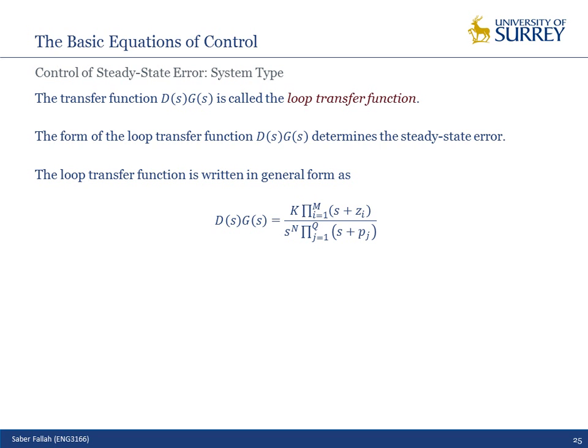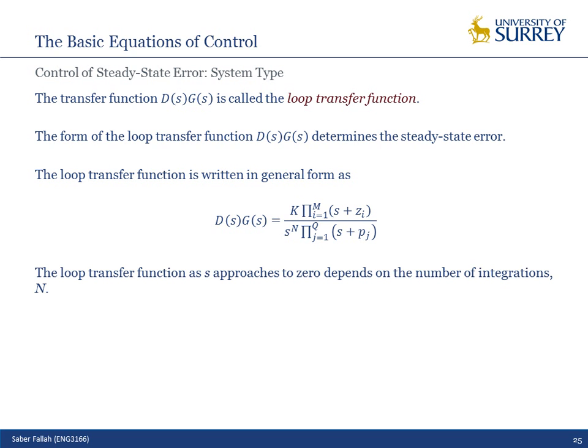One thing: the loop transfer function as s approaches 0 depends on the number of integrations. Look, 1 over s we call an integration. Why do we call 1 over s an integration?